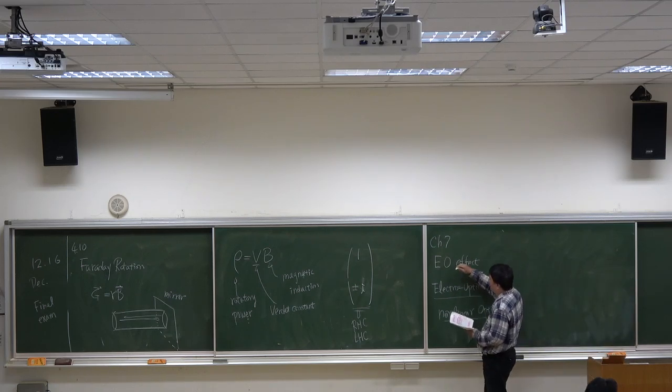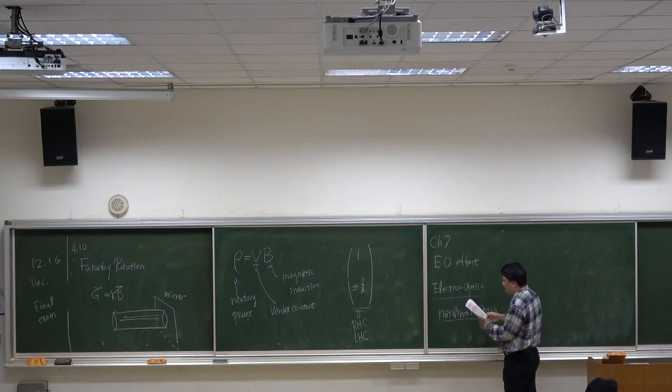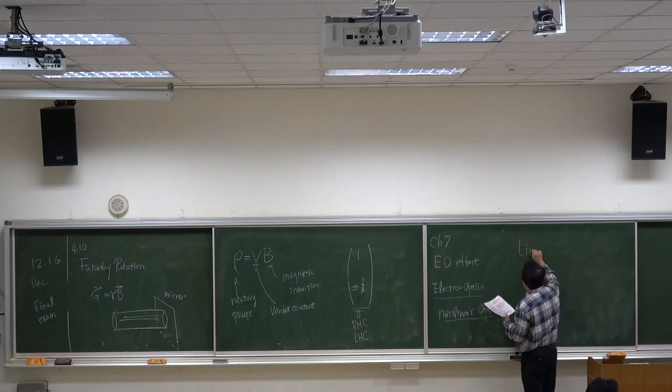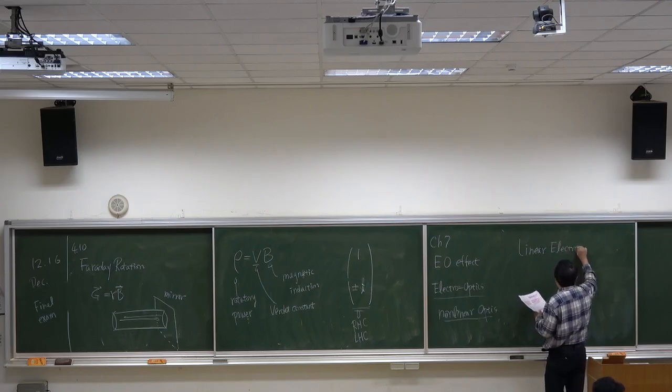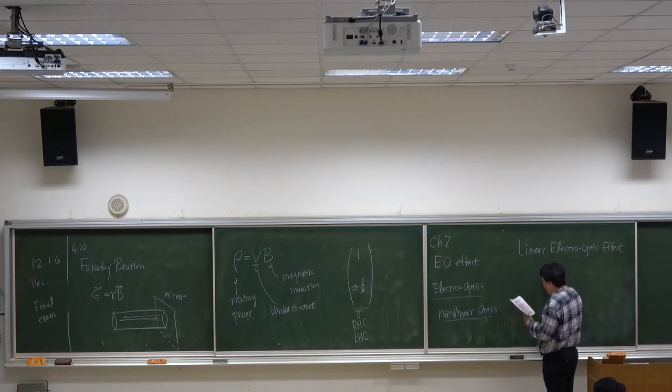Okay. 这里面有所谓的电光效应，那这个电光效应呢，分成线性跟二次方的，一次方跟二次方。Linear electro-optic effect is named as Pockels effect.